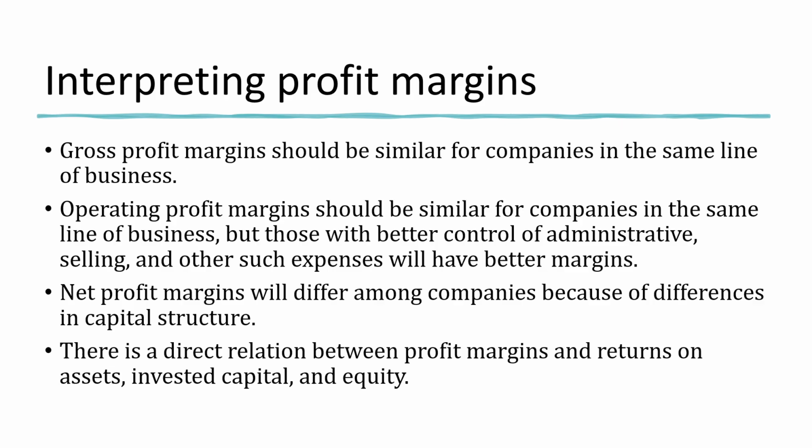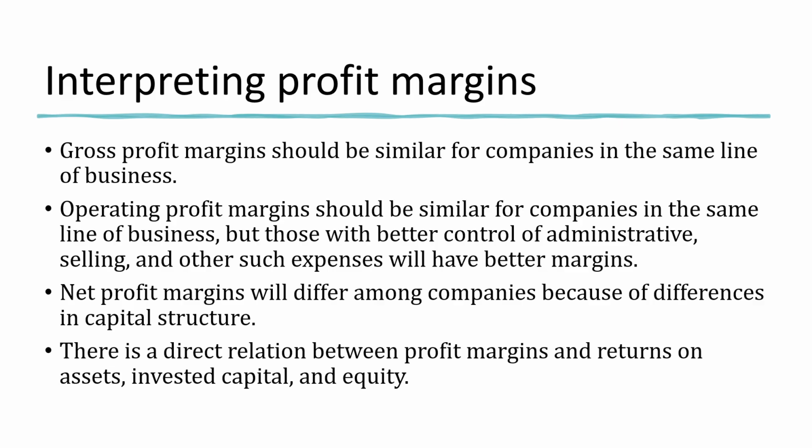So those gross profit margins are going to be similar across firms. Operating profit margins will be similar, but if some firms have better control on their administrative costs and payment of executives, for example, selling costs, their marketing costs, or other such expenses like utilities, they will have better margins.